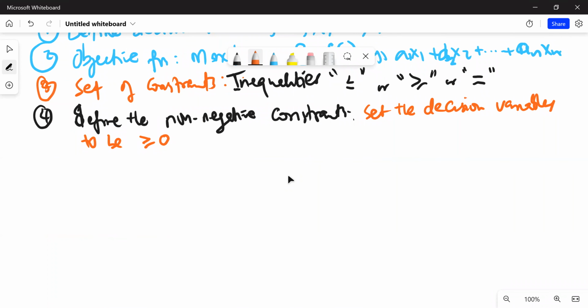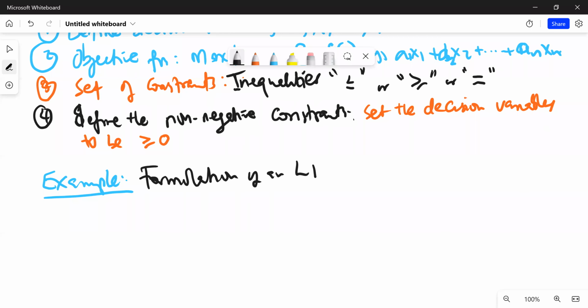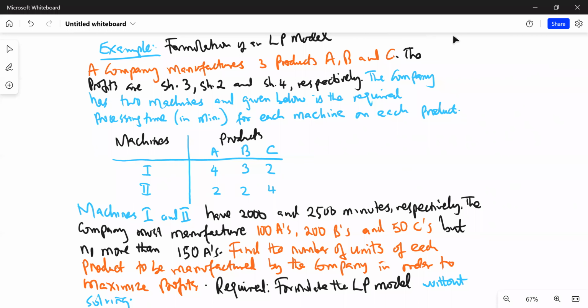So how do we formulate? If you're given a problem, how do you formulate an LP model? So let's have an example on the formulation of an LP model.